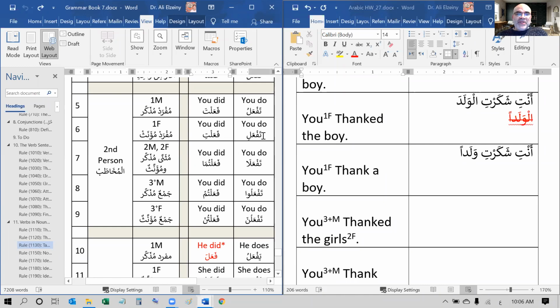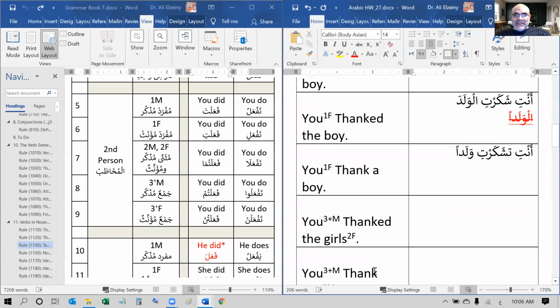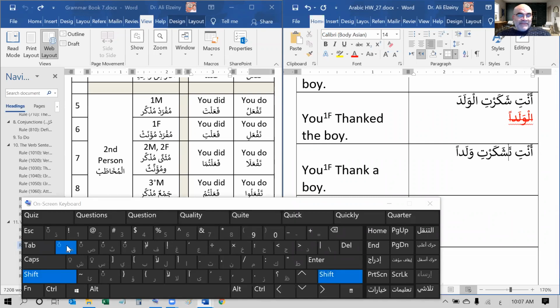Okay, shakara. And then for 1F, it is tashkuri. Tashkuri. Why? Because taf'ali sounds like tashkuri. So here, this one needs to be corrected. Da, and this is fatha.